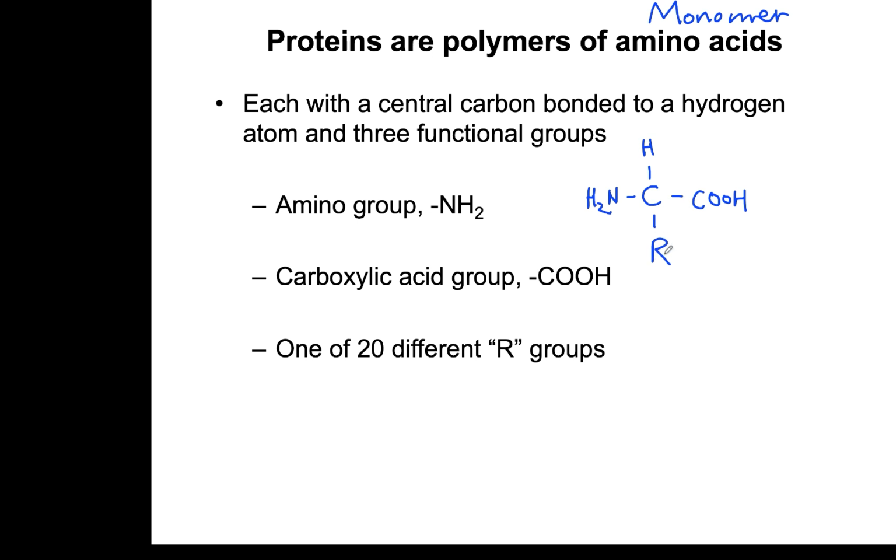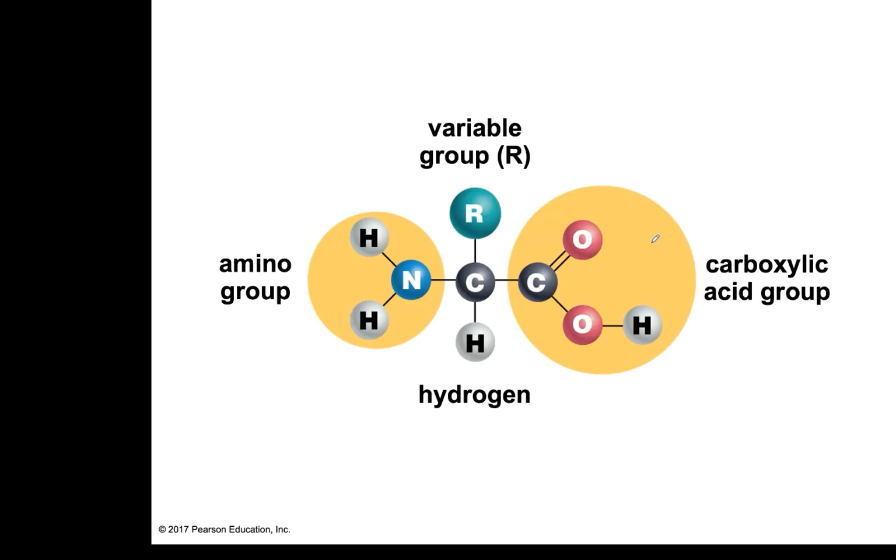What is the meaning of R group? Here's a central carbon, amino group, carboxylic group, and hydrogen. And the other one is a variable group, R group. So different kinds of chemical molecules can bind to R group.